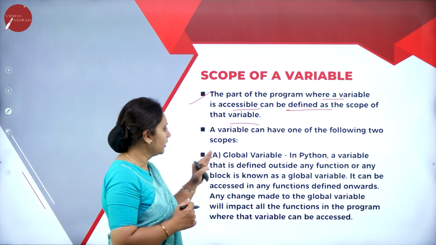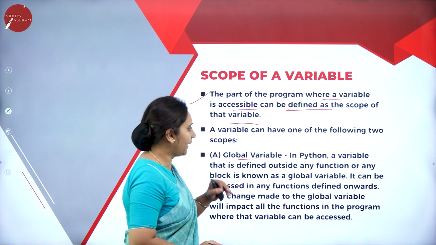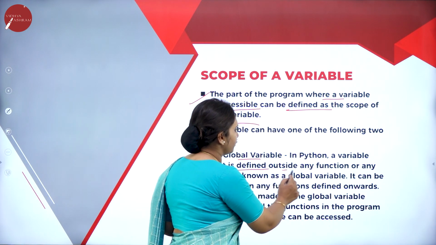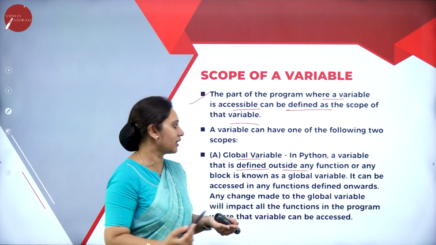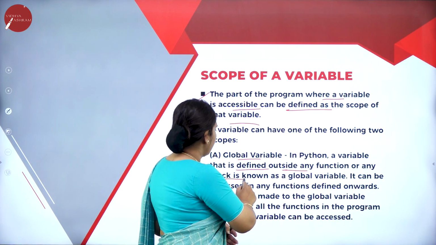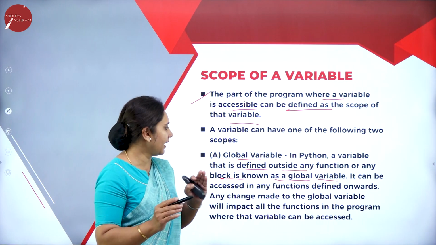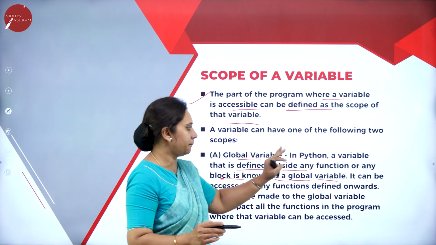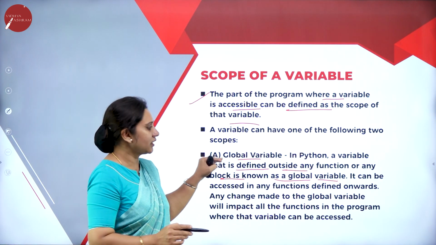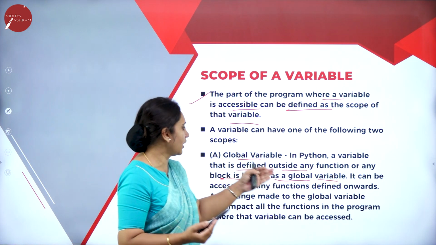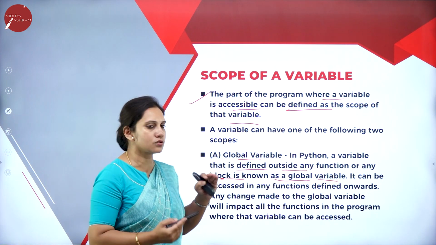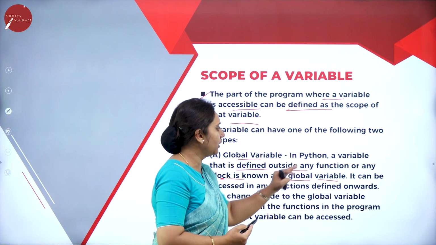Let us understand. A global variable in Python is a variable that is defined outside any function or any block. I repeat, a global variable in Python is a variable defined outside any function or block.